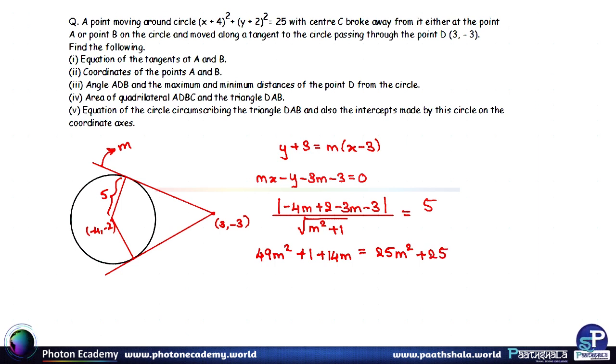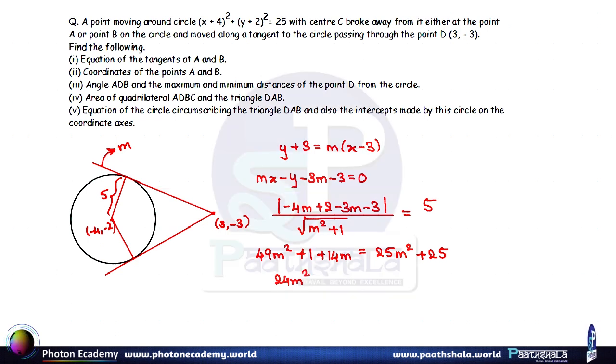Okay, so this will become 24m square plus 14m minus 24 is equal to 0.